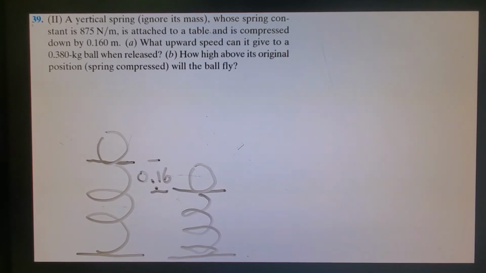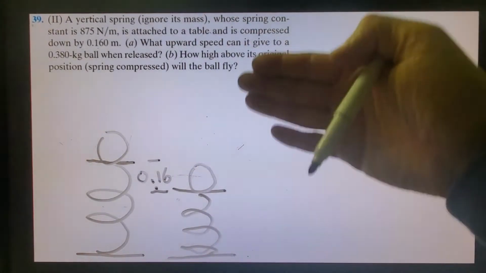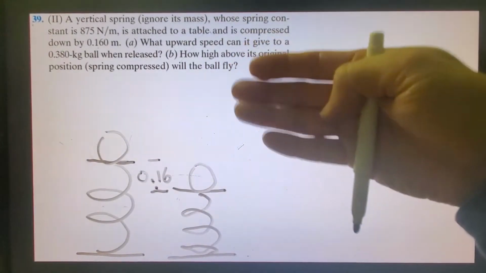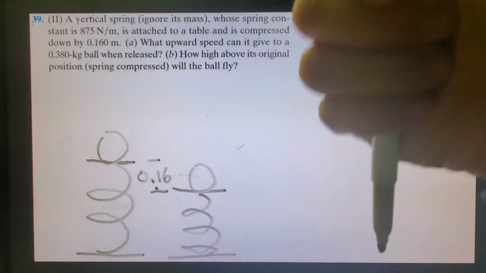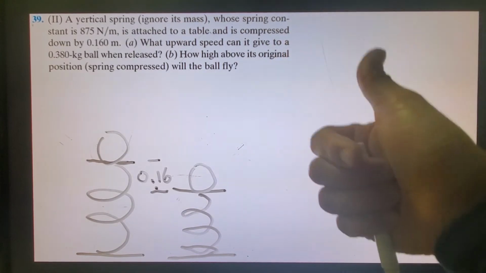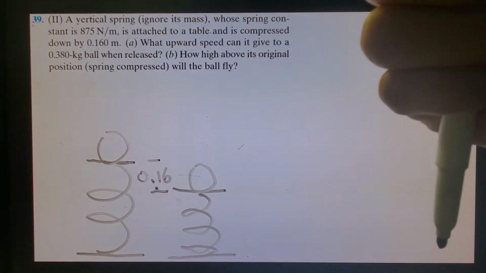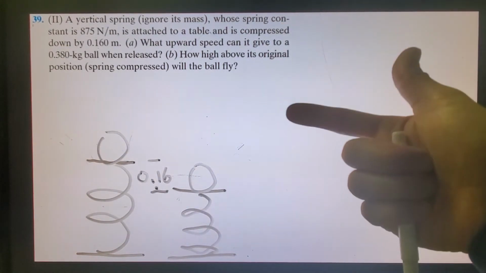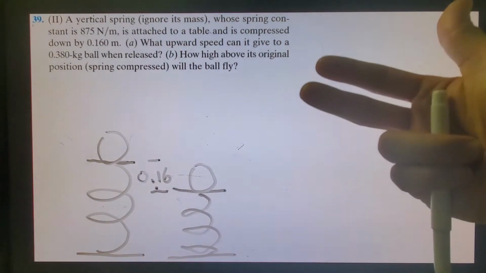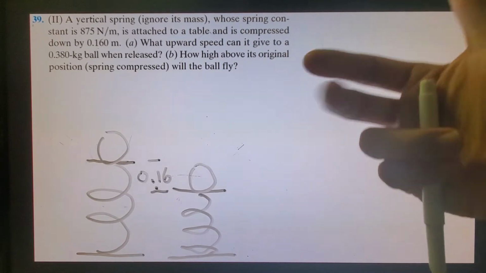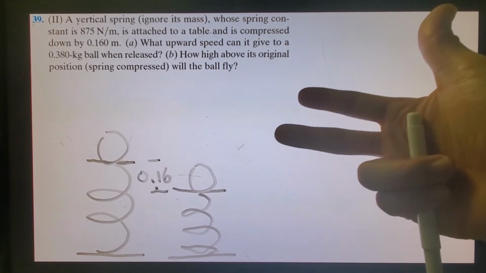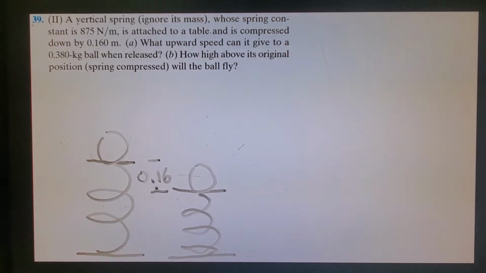So for a complete analysis we should have 3 different energies: kinetic energy, potential energy due to gravity, and potential energy due to a spring.